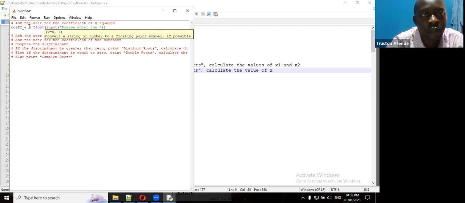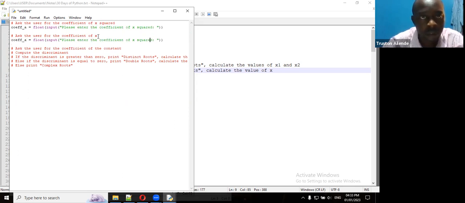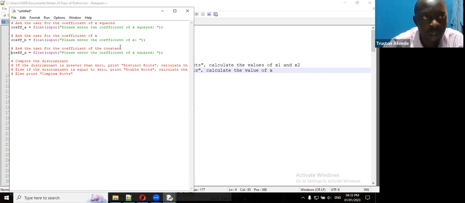Please enter the coefficient of x squared. Okay. And likewise for the other coefficients, up to c, the coefficient of the constant.